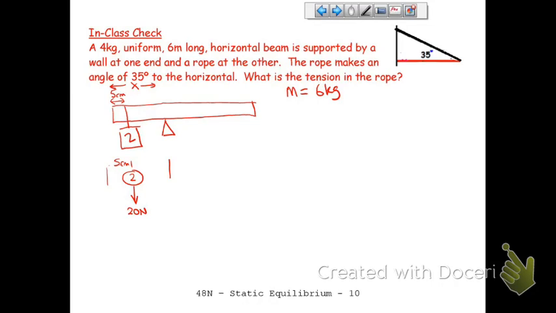I have a fulcrum, which is going to give me an upwards force, at X centimeters. And I have a 6 kilogram mass, which gives me 60 newtons, and that's going to be at 50 centimeters, because the center of gravity is going to be in the middle of the thing.